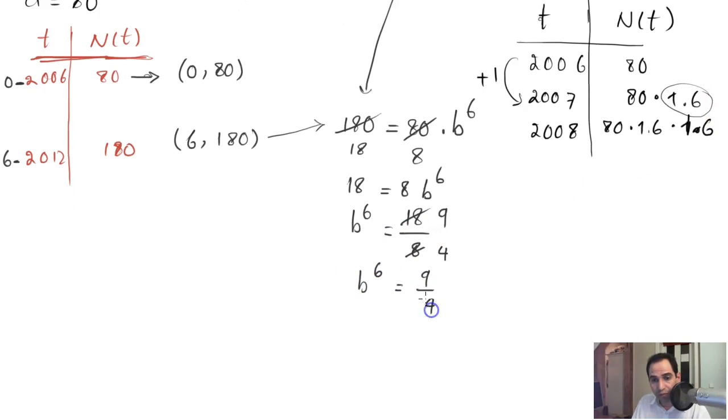9 by 4. So that basically means that b, or I could take the 6th root of both sides of this equation, which would give me probably some answer. So the 6th root of b raised to the power 6 is equal to the 6th root of 9 by 4.